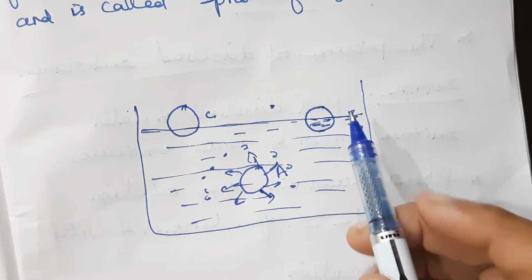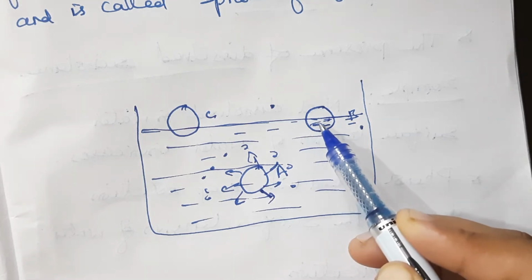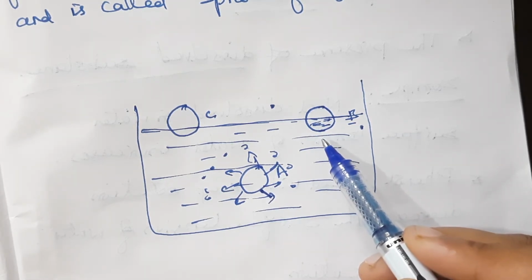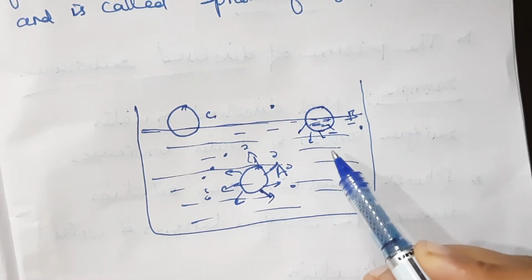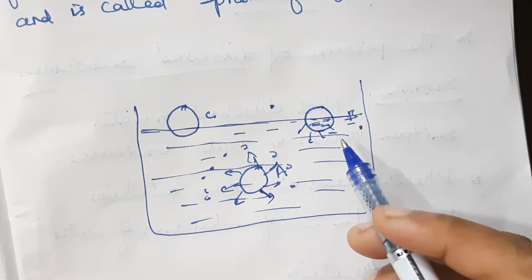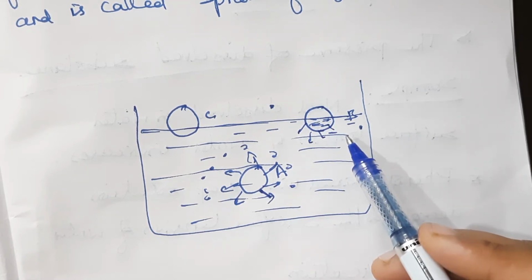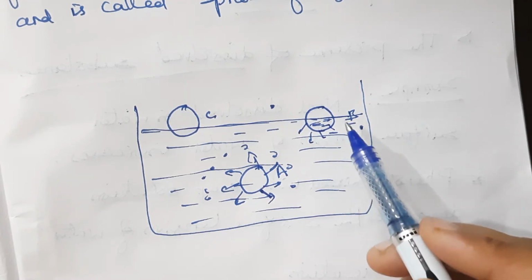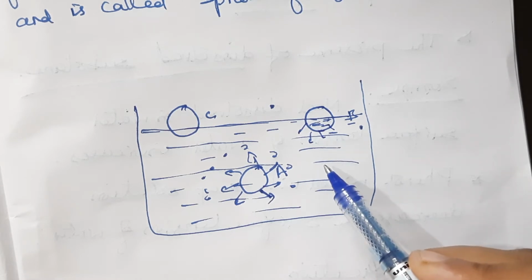Here, this B has an interaction more in the downward direction, isn't it? Because more liquid molecules are on the lower side than the upper side. So it experiences a net force in the downward direction.